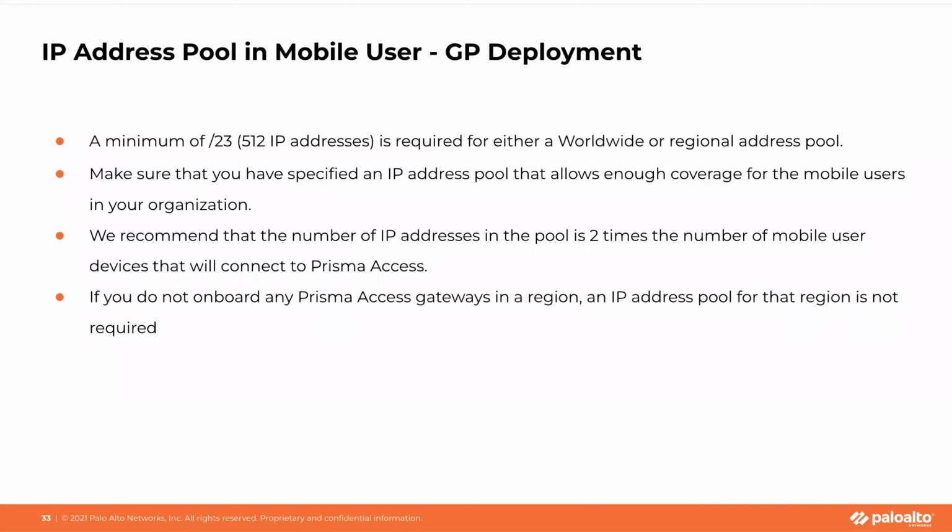But we recommend that the number of IP addresses in the pool should be 2 times or 3 times the number of mobile user devices that will connect. If your organization has a BYOD, or bring your own device, policy, and a single user has multiple user accounts, make sure that you are taking all these extra devices and accounts into consideration when you are planning for IP pool allocation.